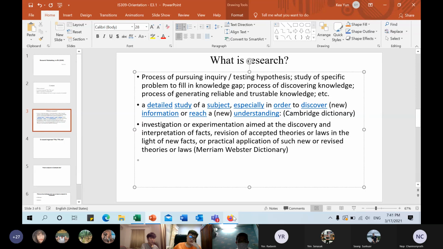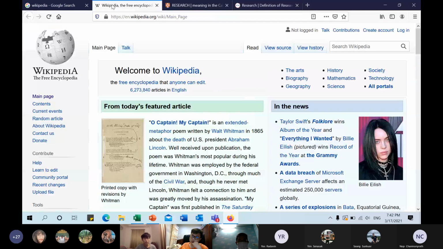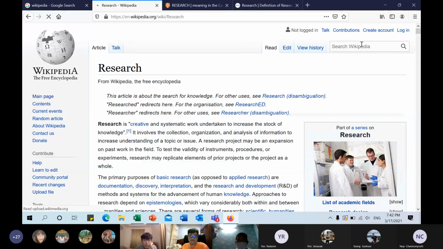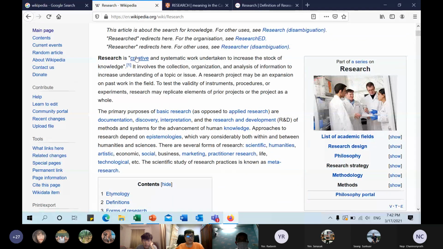How about Wikipedia? How do they define research here? Research is creative and systematic work undertaken to increase the stock of knowledge. They generate and expand the knowledge.